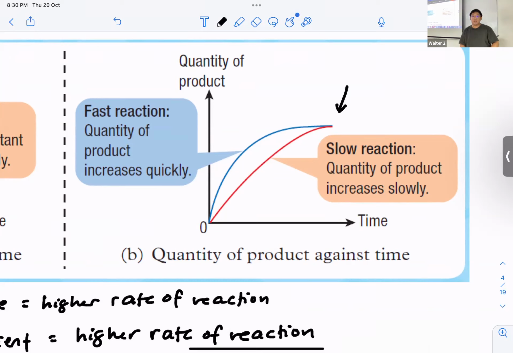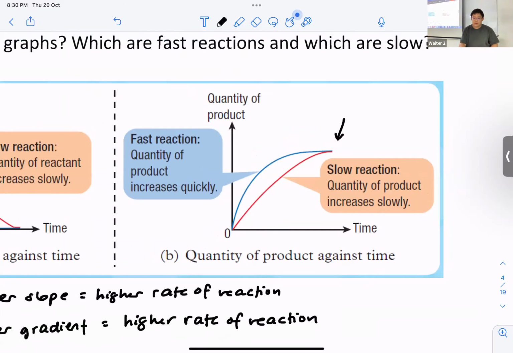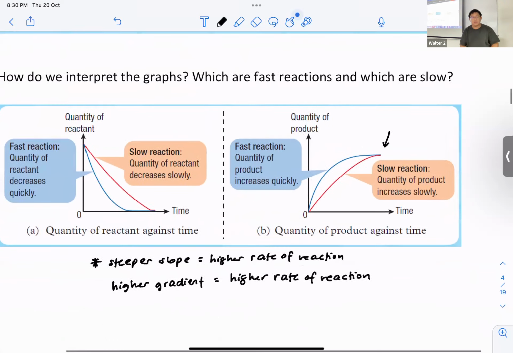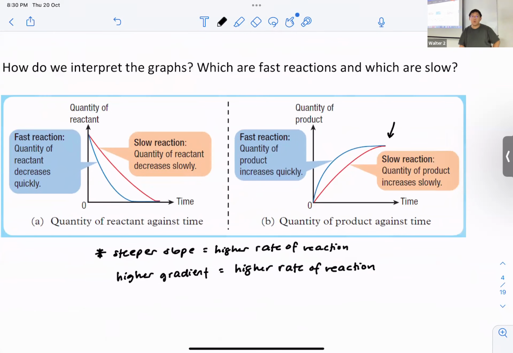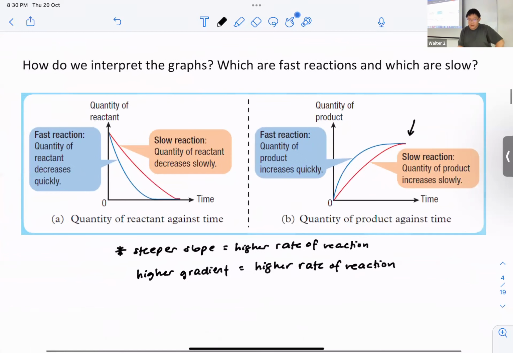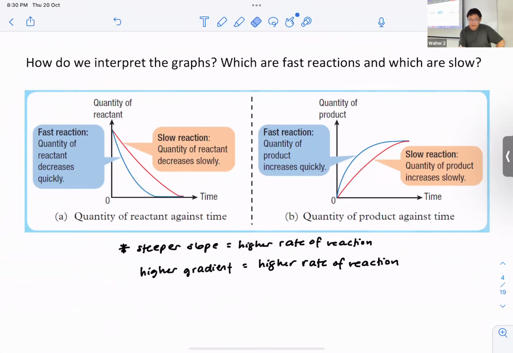So we said that the steeper the gradient, or the steeper the slope of the line, the curve, then it has a higher rate of reaction. Very simple also. Either the decrease in quantity of reactants or the increase in the quantity of products. That's it. Clear? Questions? If you have any, before I move on to the calculation part.